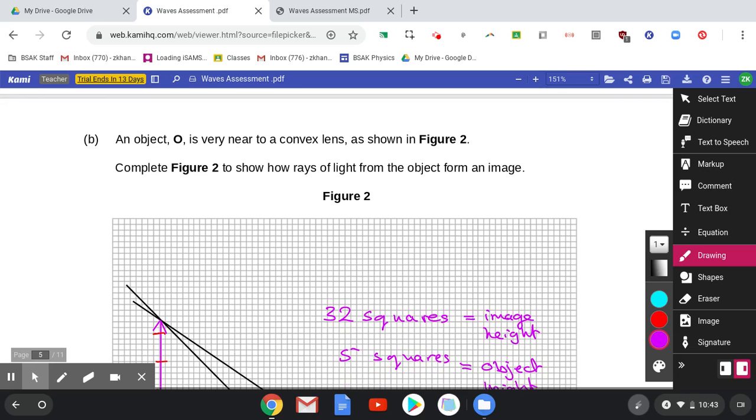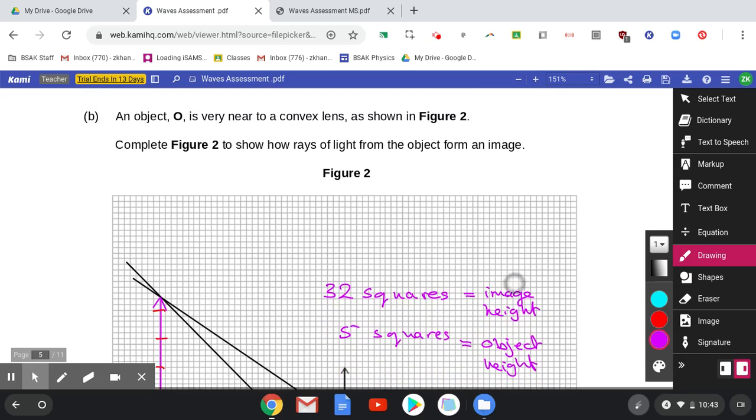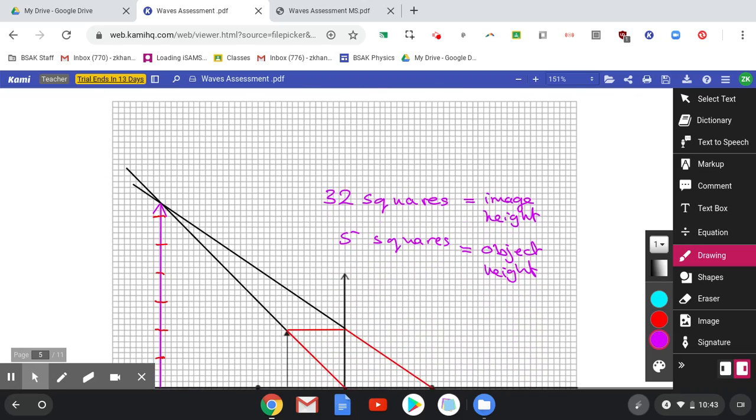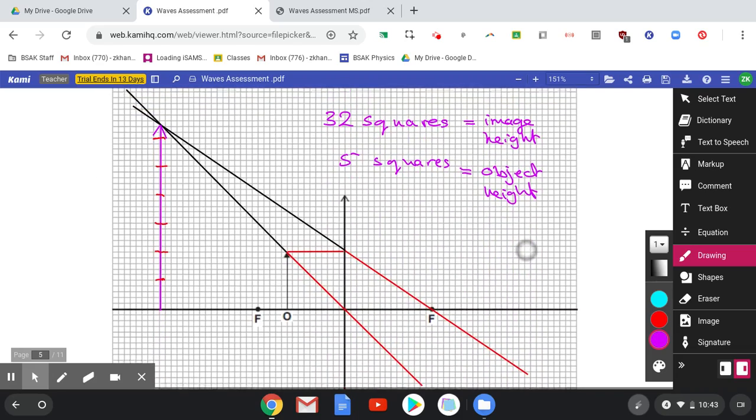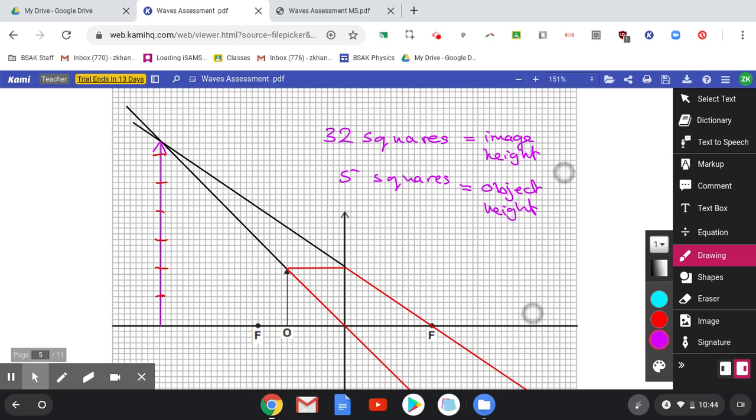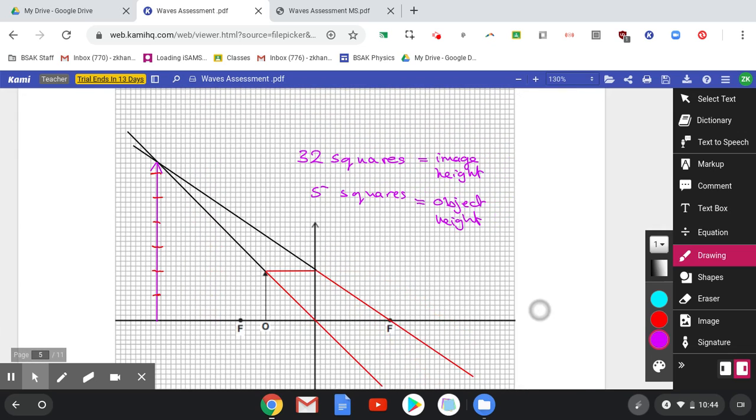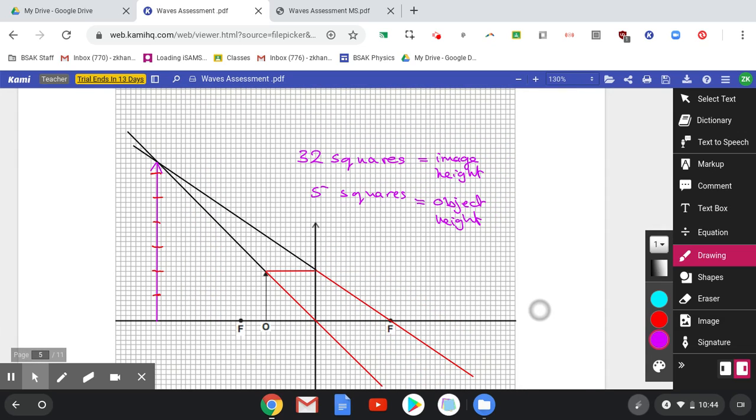So here we have a ray diagram that we need to complete. So when drawing out the light that hits the object, parallel light bends towards the focal point. Light from the object going straight through the center of the lens continues to go through without any refraction.